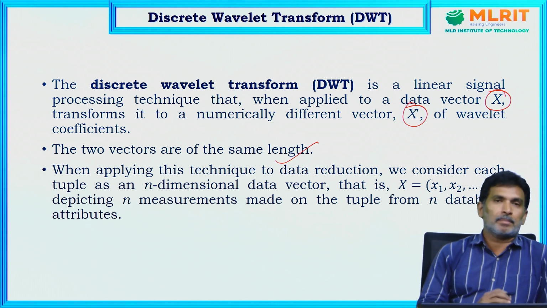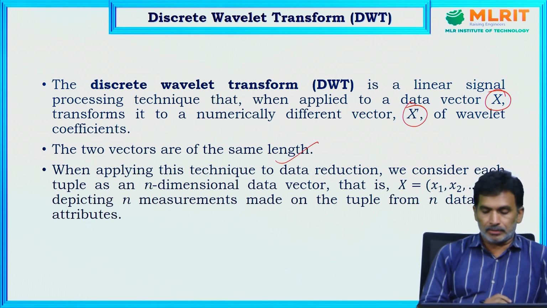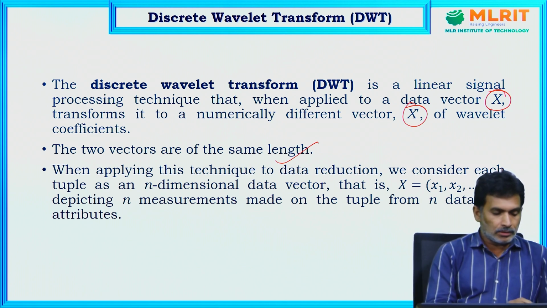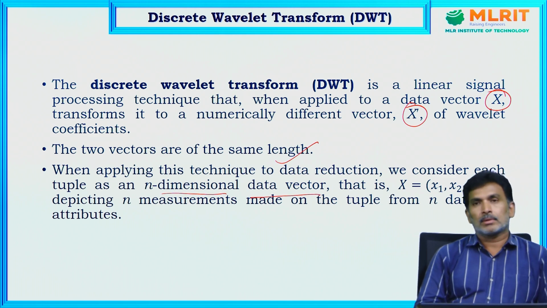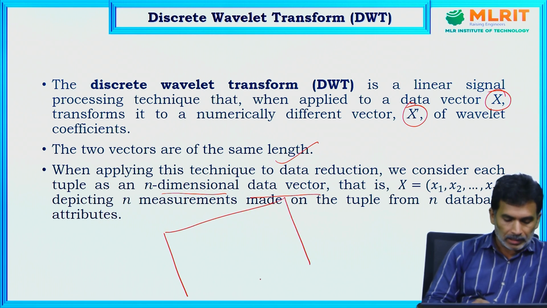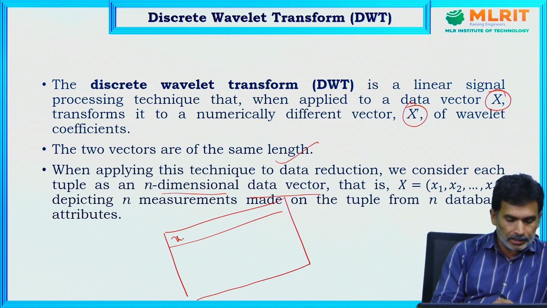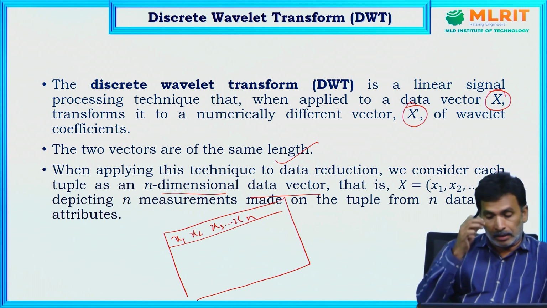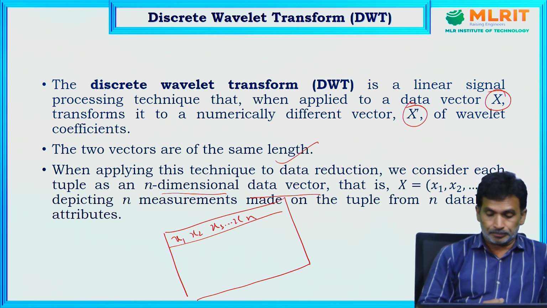When applying this technique to data reduction, we consider the tuple as an n-dimensional data vector. For example, if you take a data set, let us say there are attributes like x1, x2, x3 and so on, xn in this data set.